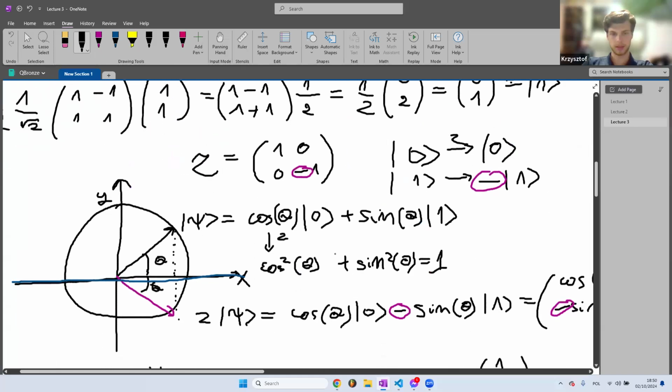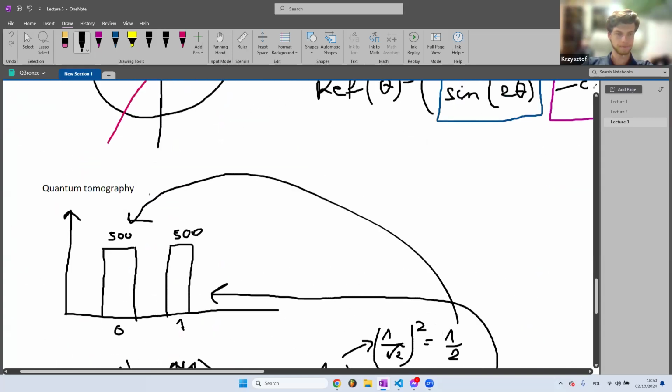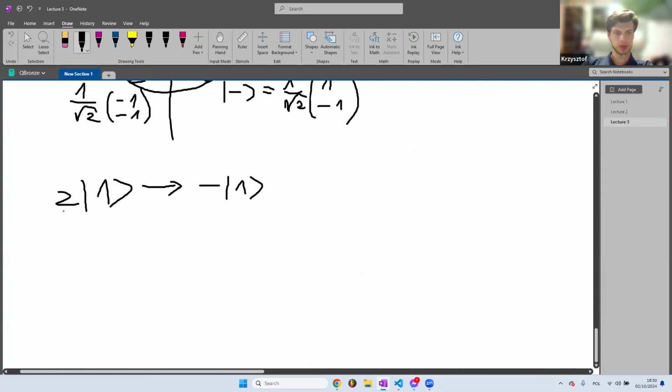And you can also see the reflection here. So the state 1 after applying the Z gate is transformed to -1. But in fact, if you now try to measure this state, you would get the probability of -1 squared, which is equal to 1.